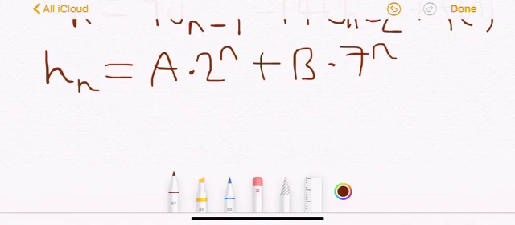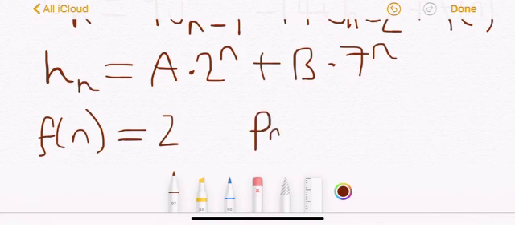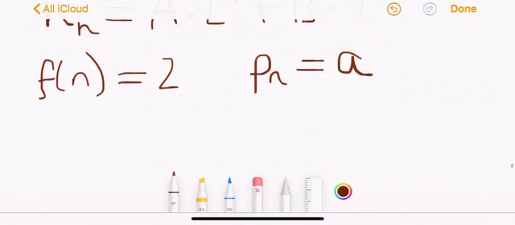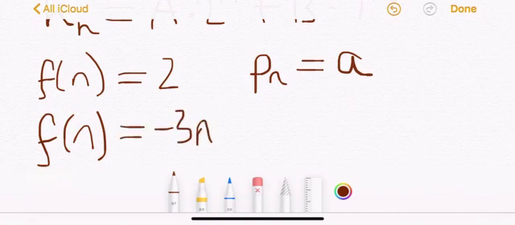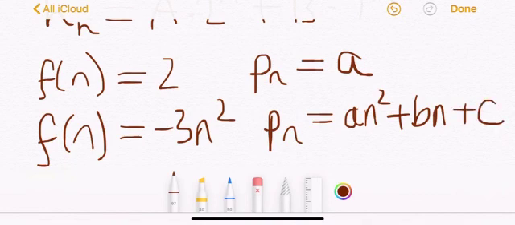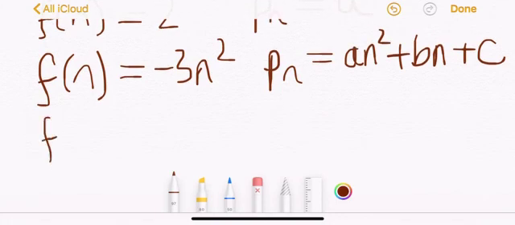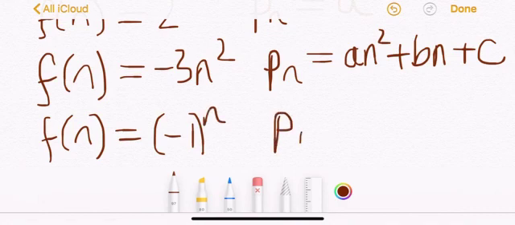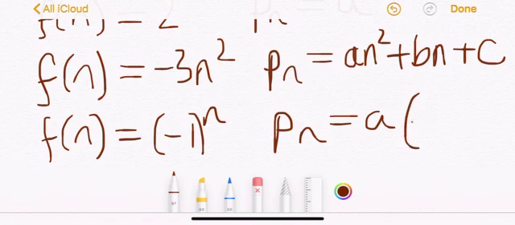If f of n is equal to 2, then we consider a particular solution P_n which is just a constant. If f of n is equal to, say, minus 3n squared, that is quadratic, so we need to consider P_n equals an squared plus bn plus c. And if we had something like f of n equals (-1)^n, we consider a particular solution P_n of a(-1)^n.